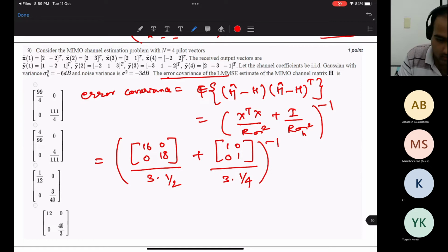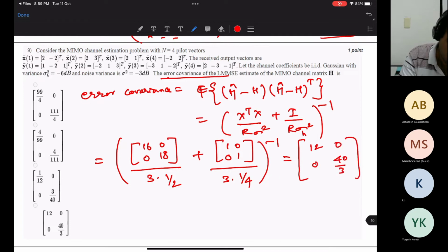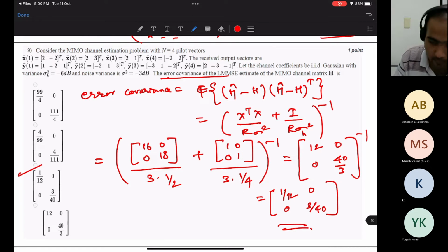If you solve this, you will have 12, 0, 0, 40 by 3 inverse, which is 1 over 12, 0, 0, and 3 by 40, and this is option C.